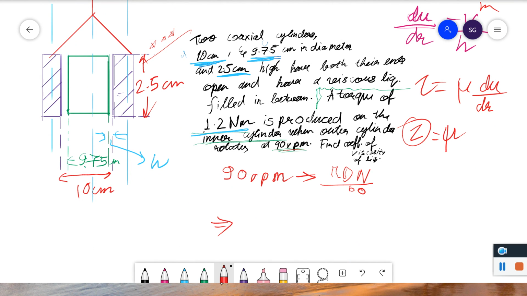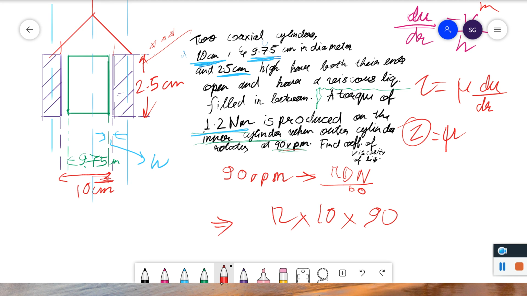So here pi, diameter is 10. See here, we are concerned about this outer one. Diameter is 10 into number of rpms is 90. See, torque is exerted here. We are talking here. So we have taken 10, not 9.75. This is the maximum distance, that is r. If we take the maximum distance, it comes out to be 10.